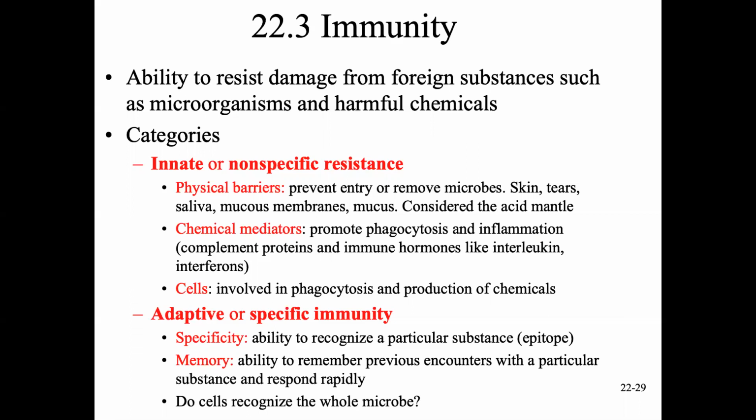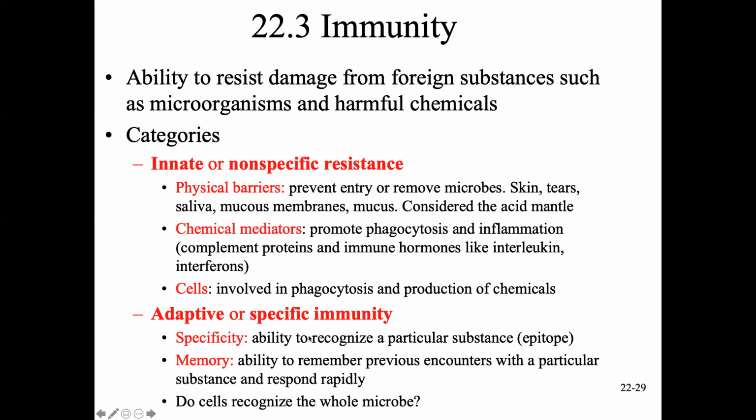Something very general like having your epidermis fully intact with no cuts, no punctures, or it can be almost like the chemical mediators, or it can be cells. So there's a big range of what we consider to be innate or non-specific immunity or resistance.